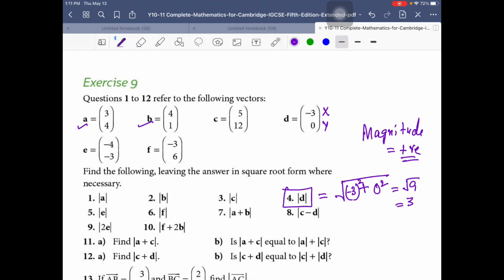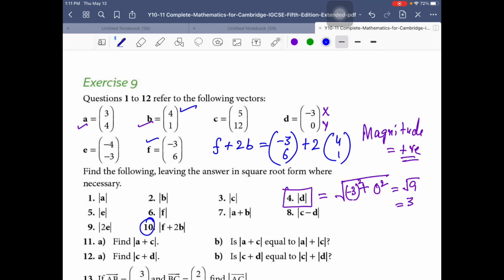Okay, to simplify further, let's do question number 10. In question number 10, he's asking to find the magnitude of vector f plus 2b. First of all, we're going to calculate vector f plus 2 times vector b. Vector f is this one, x value is negative 3, y value is positive 6, plus 2 times vector b, which is this one, x value 4, y value 1.